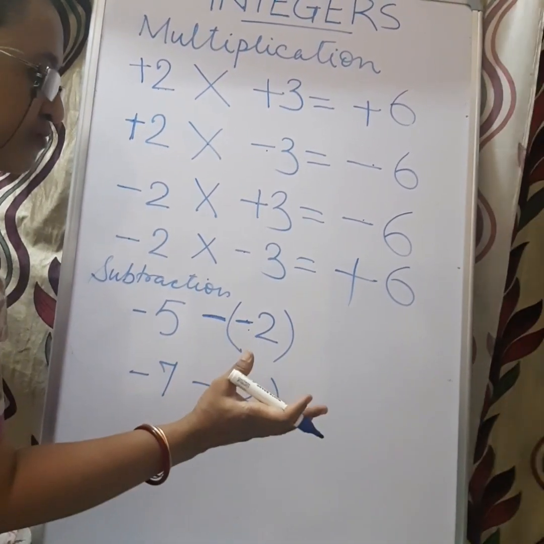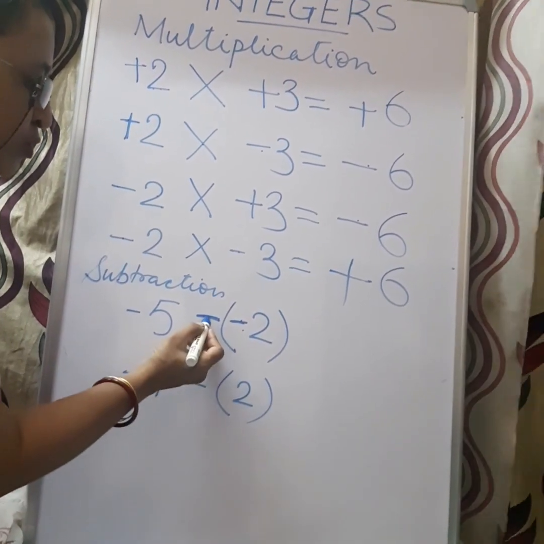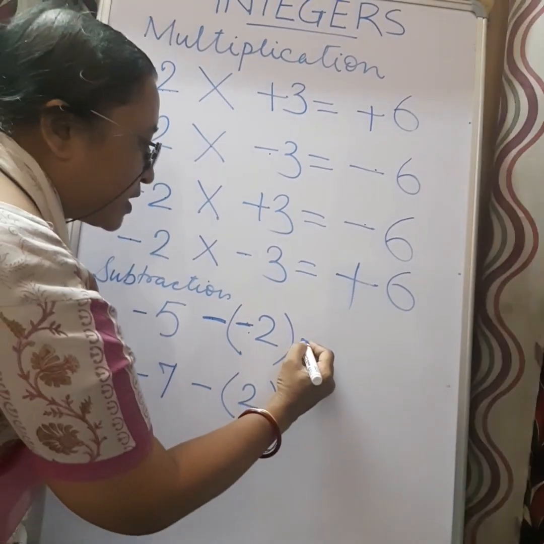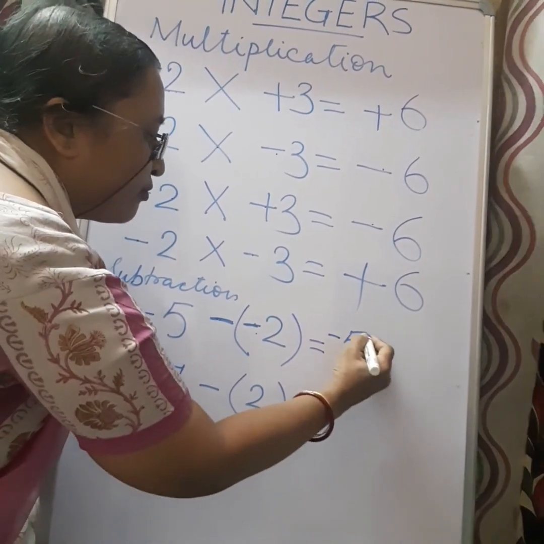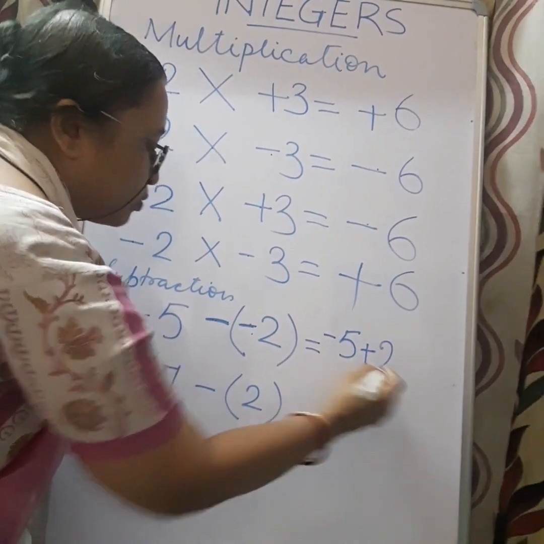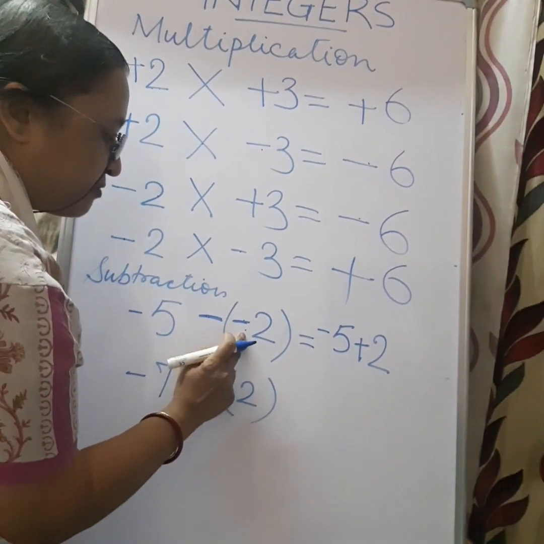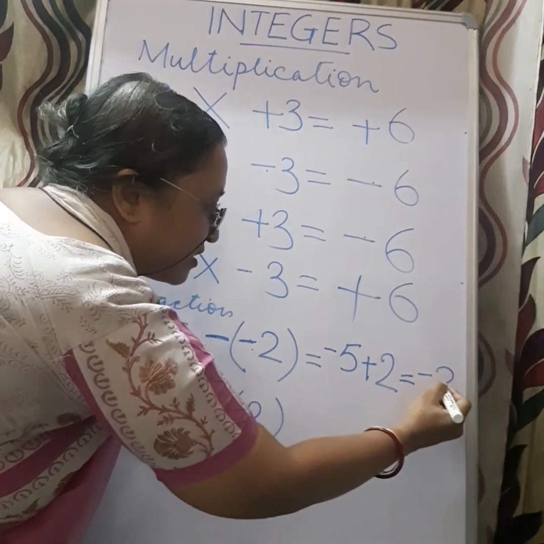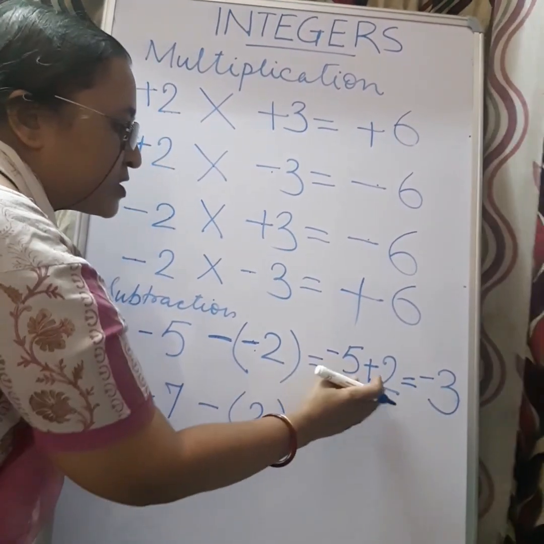Additive inverse is positive 2. Where do we get this positive 2? Minus into minus is plus. So this becomes minus 5 plus 2. Negative into negative, positive. So this will be minus 3 because we are subtracting.